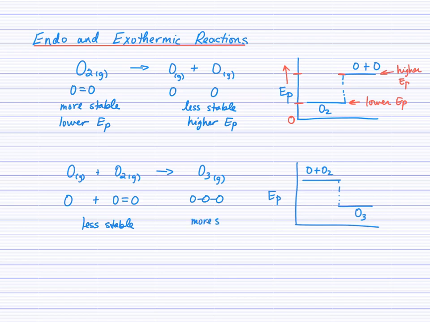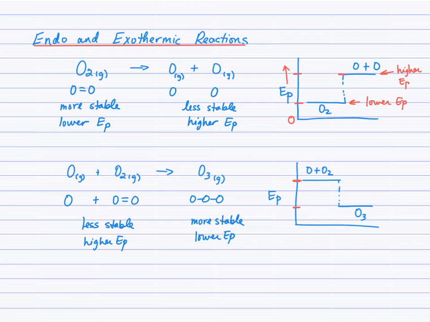And so this is our more stable side of this equation. And so if we make the connection to potential energy, more stable is lower in potential energy, and less stable is higher in potential energy. And so we see the reactants here showing up at a higher potential energy compared to the products.